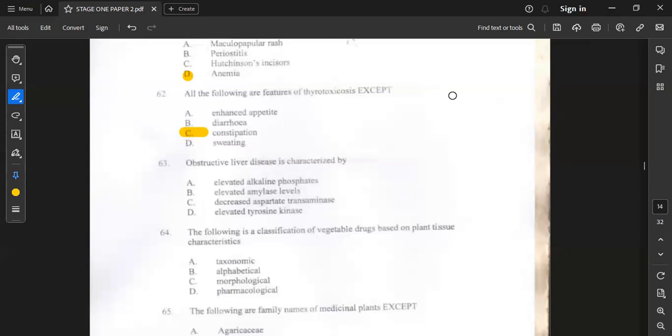Okay, the safest to give is propylthiouracil, PTU, because it does not cross the placenta.